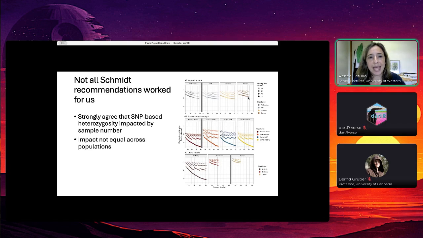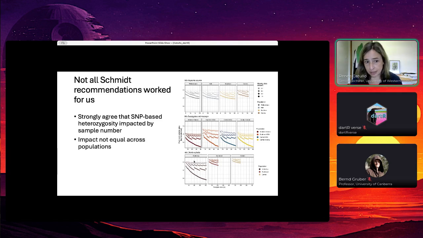What you can see is that as we put more stringent missing data into our filters, so the stronger our call rate filter, that interacted with our increase in numbers.